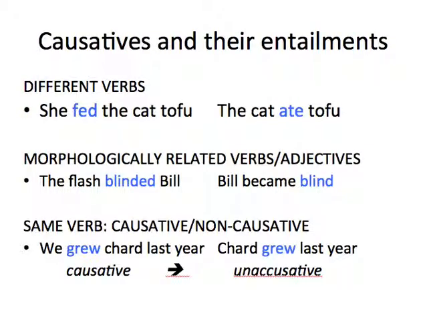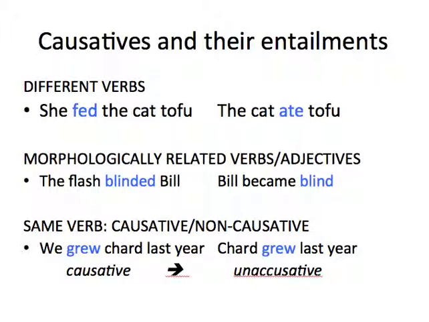So we can begin to map out causatives and their entailments according to different types. So, for example, we can contrast different verbs. You can feed the cat, and if you feed the cat, then the cat ate. So she fed the cat tofu, therefore it entails the cat ate tofu.